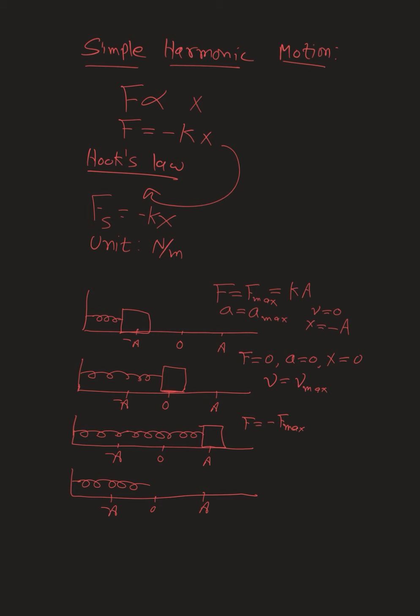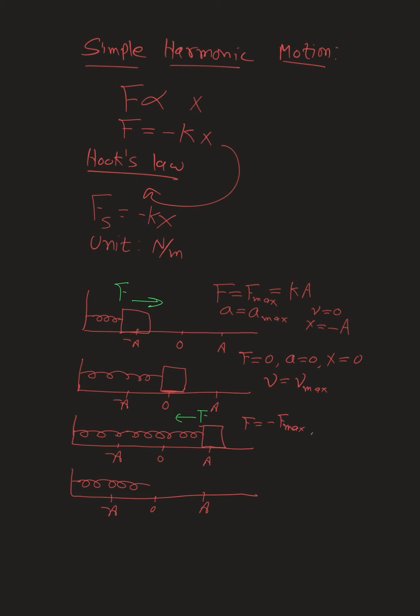If I draw it with a different color marker in the first diagram, the restoring force is pointing that way, because the spring wants to come back to its original position. Here the force is experienced in this direction because it wants to go back to its original position. True? So that's why we can consider that F is F maximum.